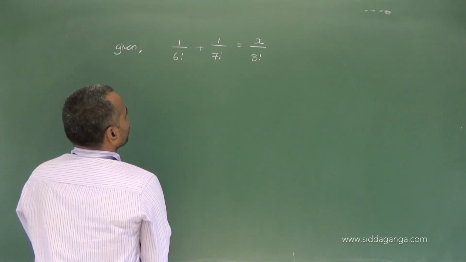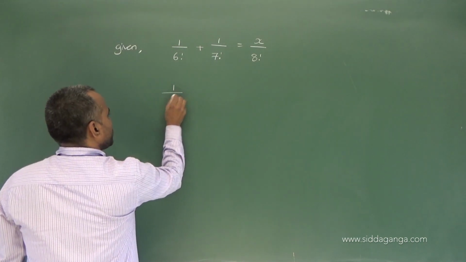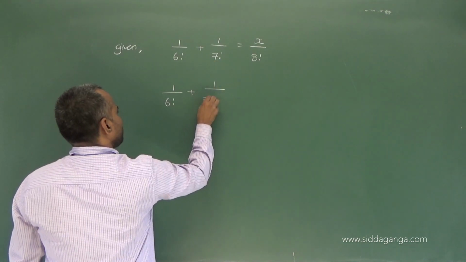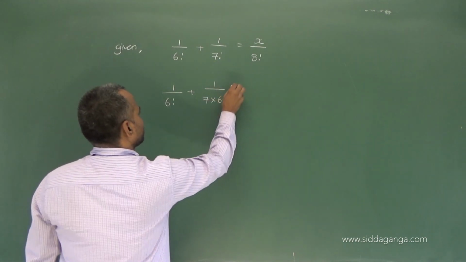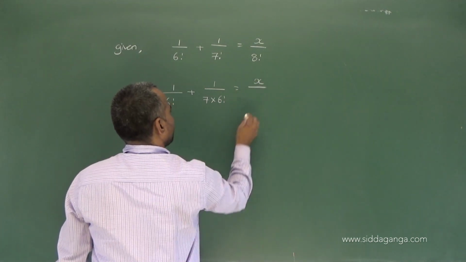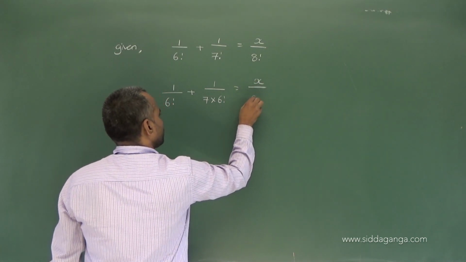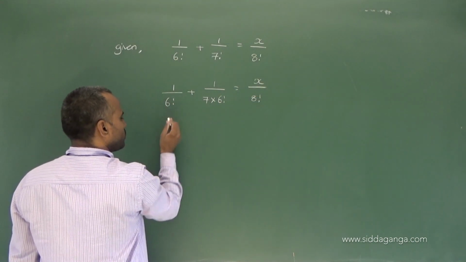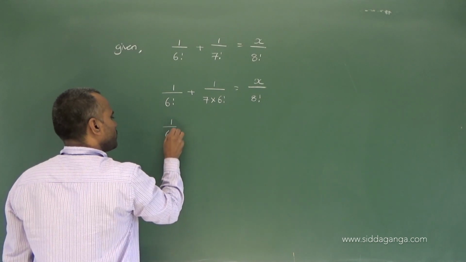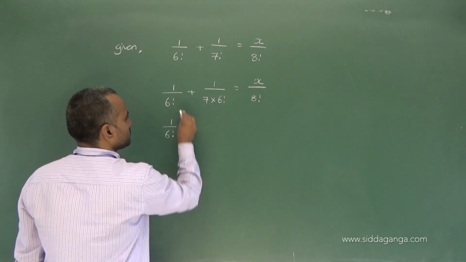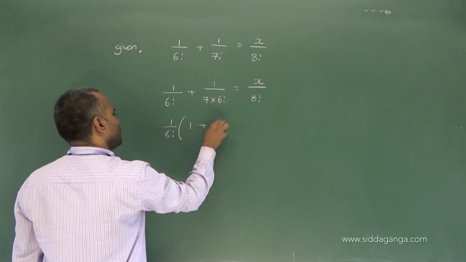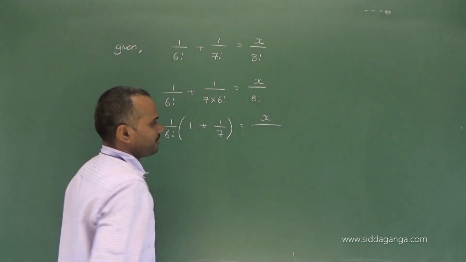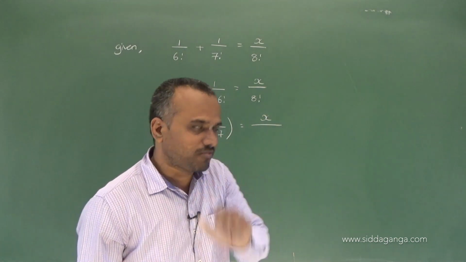So what do we do? 1 divided by 6 factorial as it is, plus 1 divided by 7 factorial, which we can write as 7 into 6 factorial, equals x divided by 8 factorial. In these two terms, what do we take common? 1 by 6 factorial. If I take it common, it is 1 plus 1 divided by 7, equals x divided by 8 factorial.